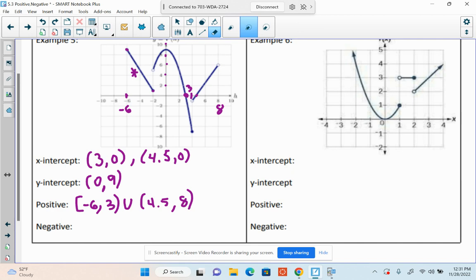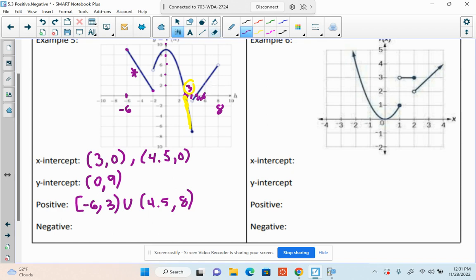Okay, and then negative. Where is it negative? Just between the x equals 3 that we have here and the x equals 4.5, which is right here. That point right there, where it's 4.5.